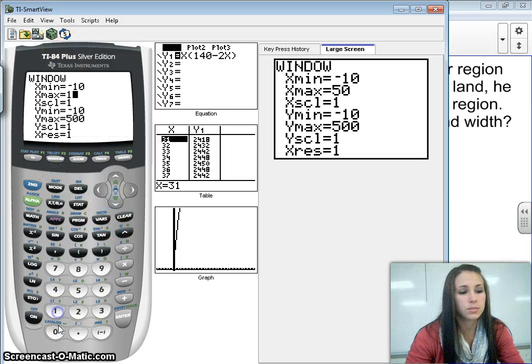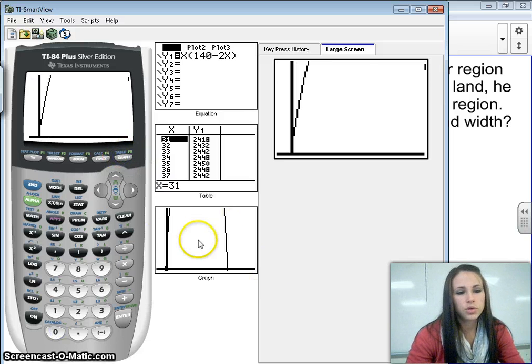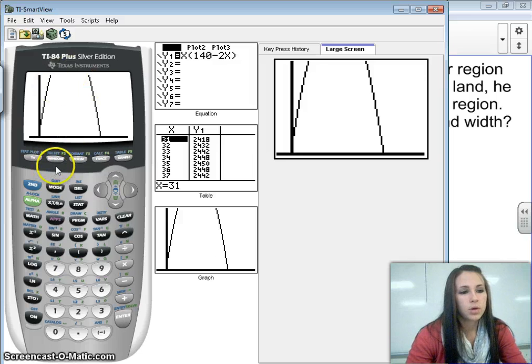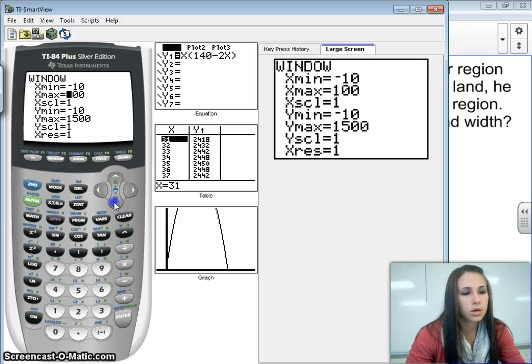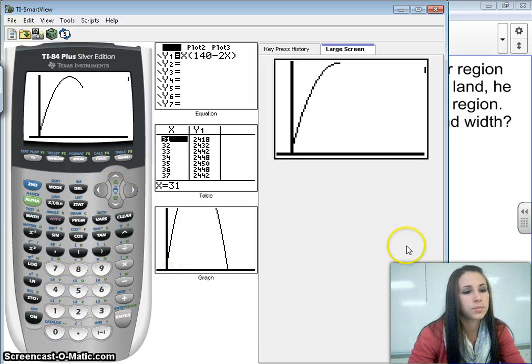So I'm going to try 100 for this, and much bigger here, 1500. Let's try that. It works for this, and then let's make this 2500, to make sure we can see that maximum.